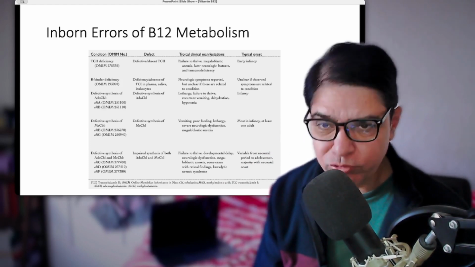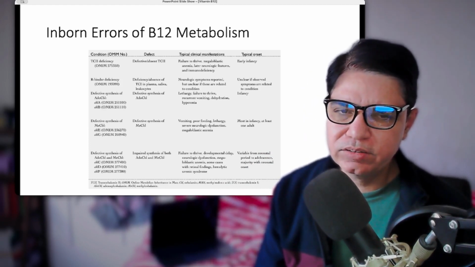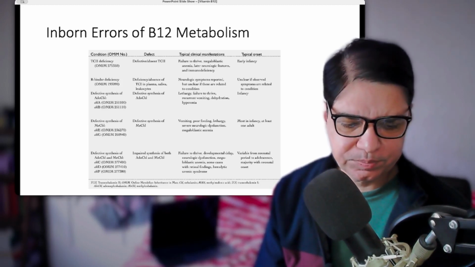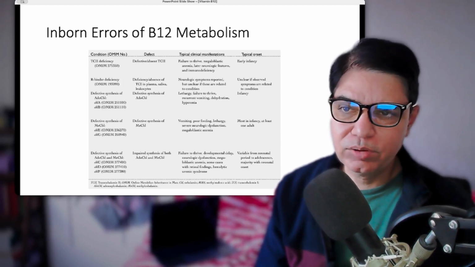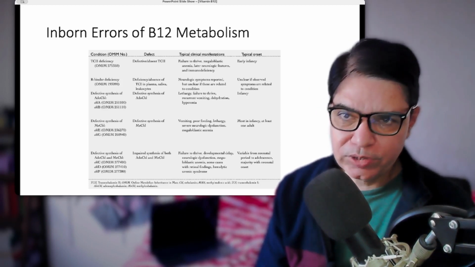I don't know what the actual science behind that is, but that is one of the most resistant forms, which I think today they say is treated with very high dose, but what the long-term outcome is, we don't know.